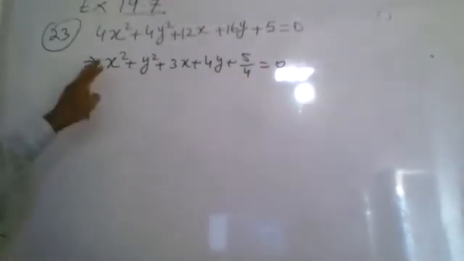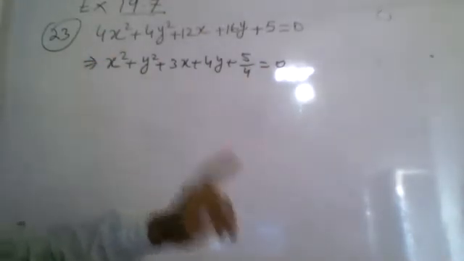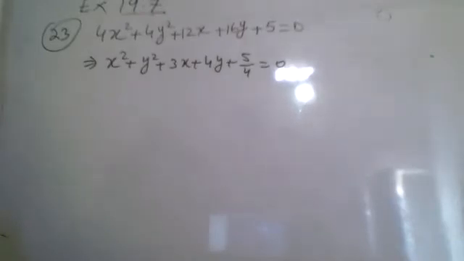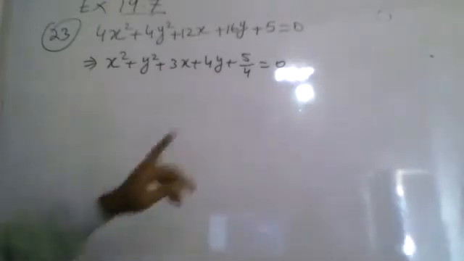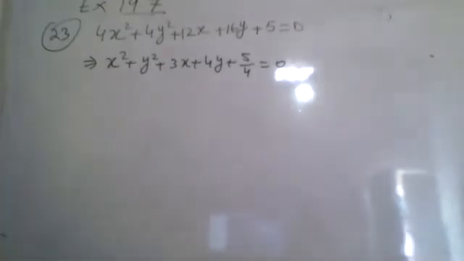Number 2, the coefficient of x square and y square should be equal to 1. If these two conditions are fulfilled, that means this is the standard equation of circle. Now we will find the center.